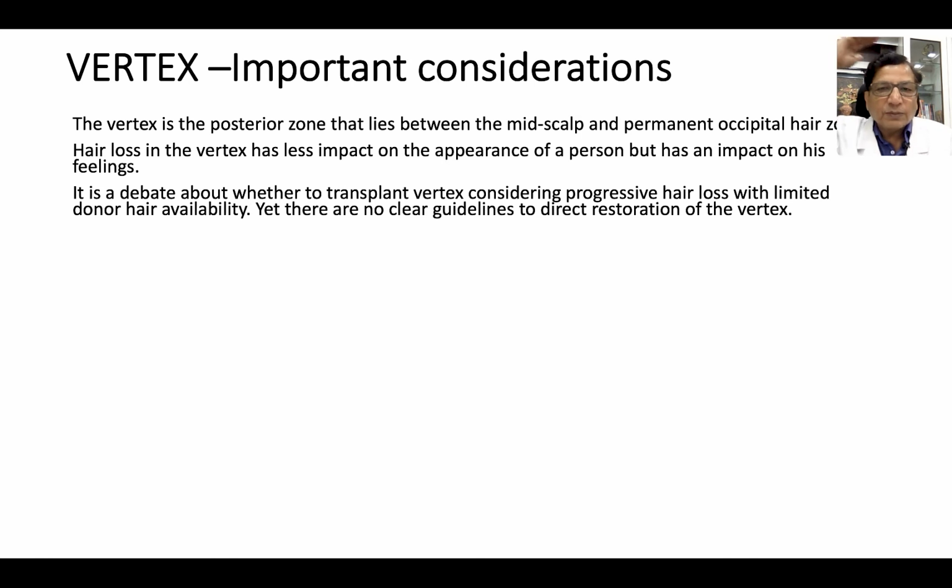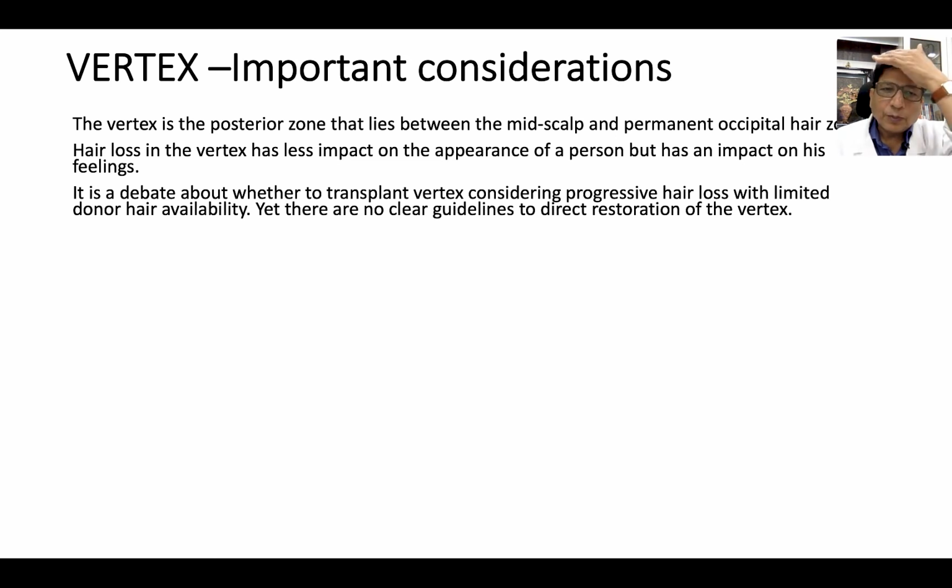See, the vertex is the posterior most. Why do we do the hair transplant? For the framing of the face. As I said, vertical framing for the anterior line, horizontal framing for the temporal. And when this drops down, and somebody sees you from the side, if the mid scalp is bald and the part line is wide, it doesn't look good.